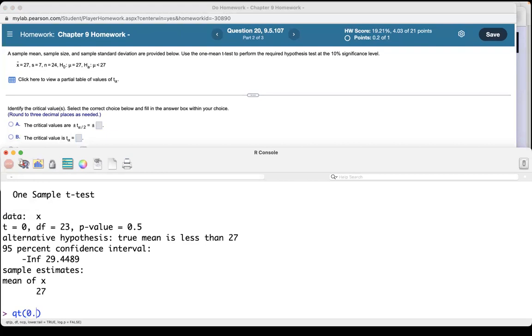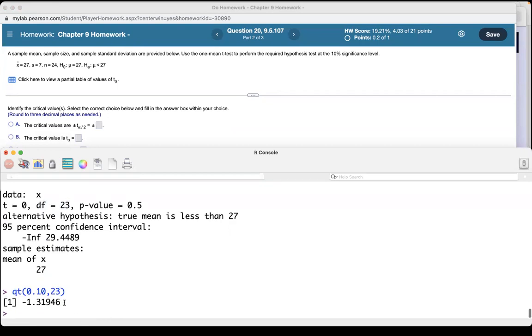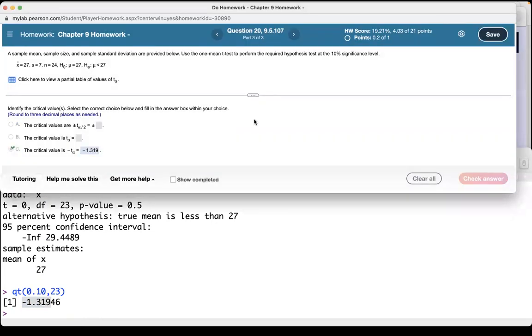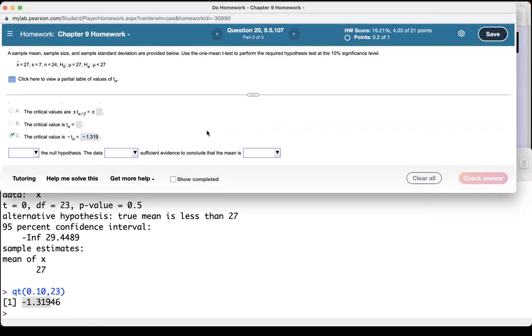Our P is going to be 0.10. We're going to have 23 degrees of freedom because we have 24 values in our data set. And that's going to give us our critical value of negative 1.319. Okay, so that's going to be our answer there. So negative 1.319. And then at the end, you would interpret just like you would before.